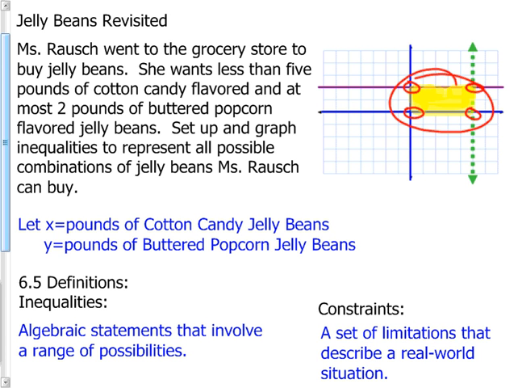If you want to maximize, it's usually the one that's furthest to the right and up. And if you want to minimize, like smallest amount, think about it, 0, 0 is pretty small, right? So if you're looking for a minimum, it's usually the one that's lowest and to the left.